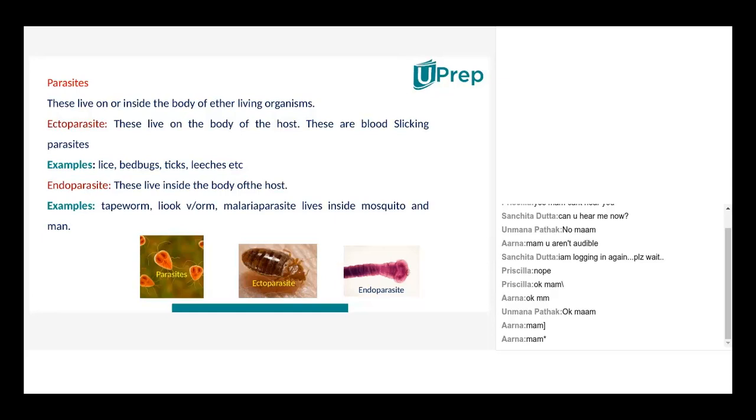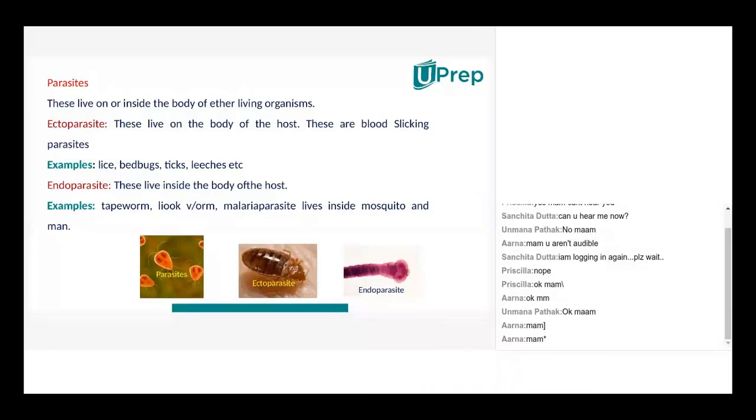Okay, now coming to parasites. What are parasites? Parasites, if all of you remember, these are organisms which live inside or outside another living organism. So it has to be either inside or outside. It could be inside or outside another living organism, that's known as parasite. Para means living or depending on somebody else. For what? For both food as well as for shelter. Right?